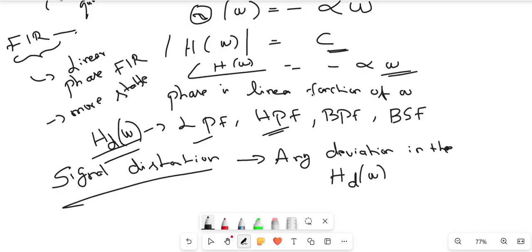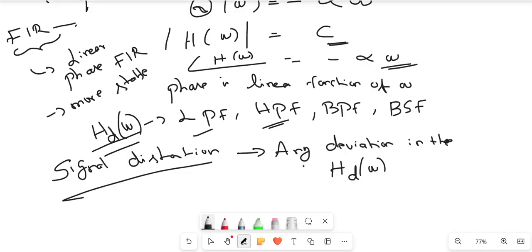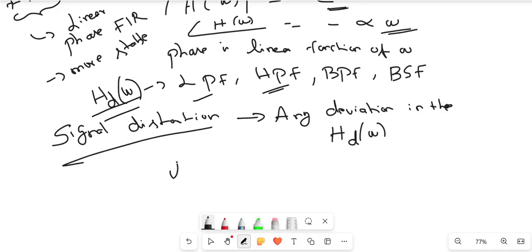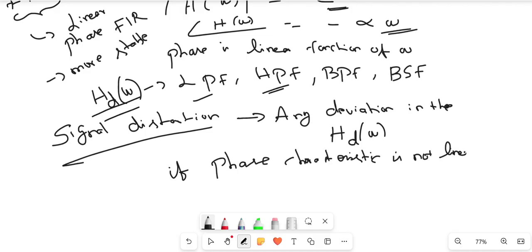If it is related to the phase, for example if the phase characteristics are not linear, then it is called phase distortion.